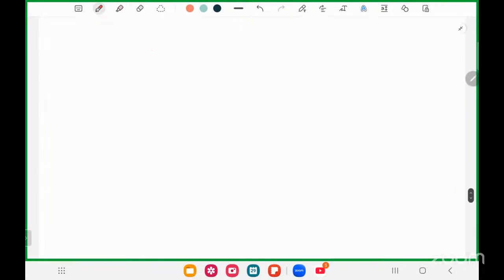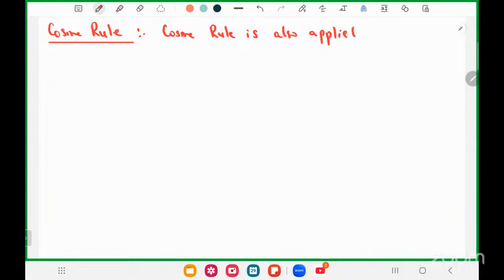Next is cosine rule. Cosine rule is also applied to non-right angled triangles.